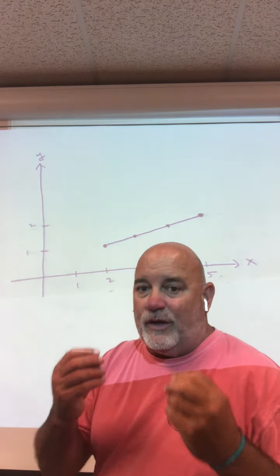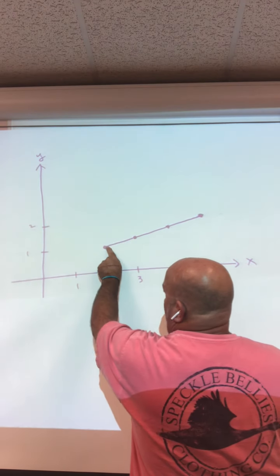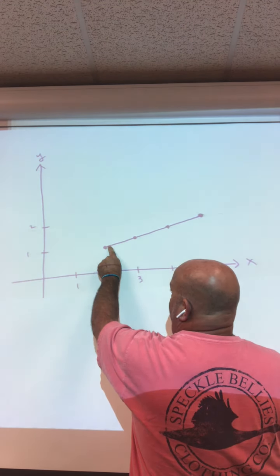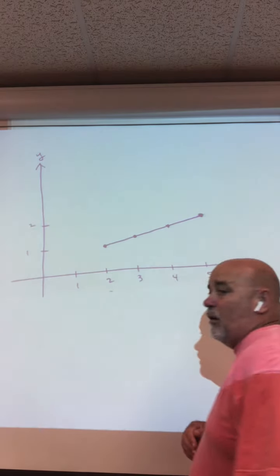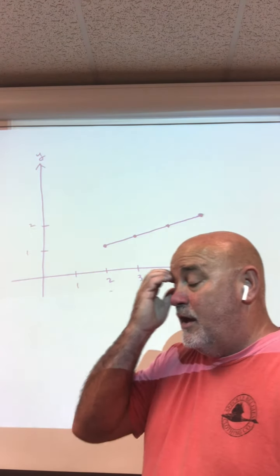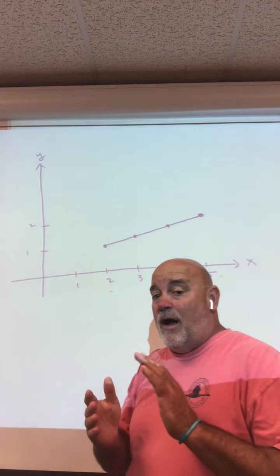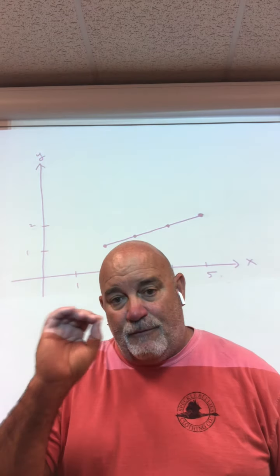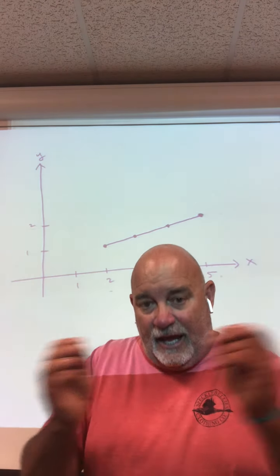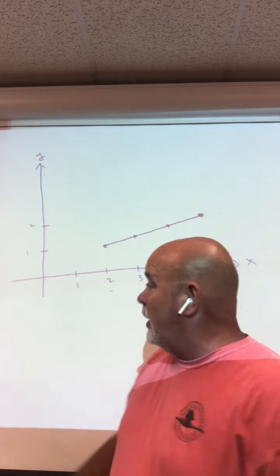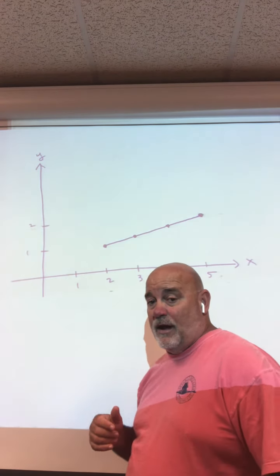I'm bubbling so you can see them. But there's a point here, a point here, a point here, a point here. So there's millions of points all along this line when you look at a graph. Any portion of a graph is just infinitely many ordered pairs infinitely close together. So there are billions of ordered pairs on this graph.